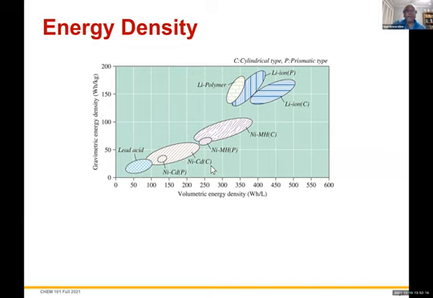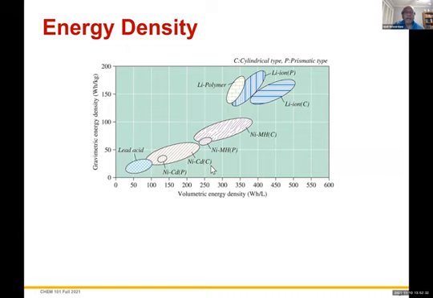If you look at this, there are two axes. Energy density per weight is on the vertical axis, the y-axis. The x-axis is energy density per liter.